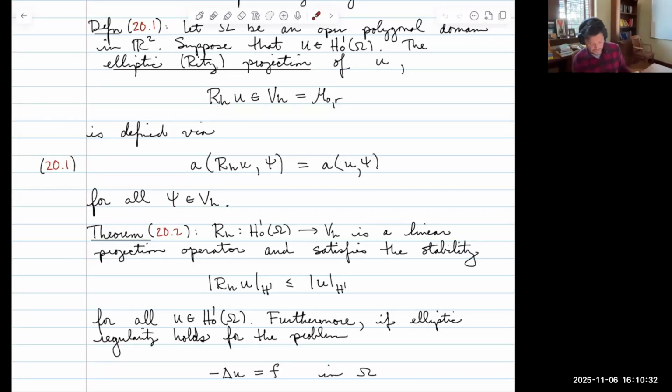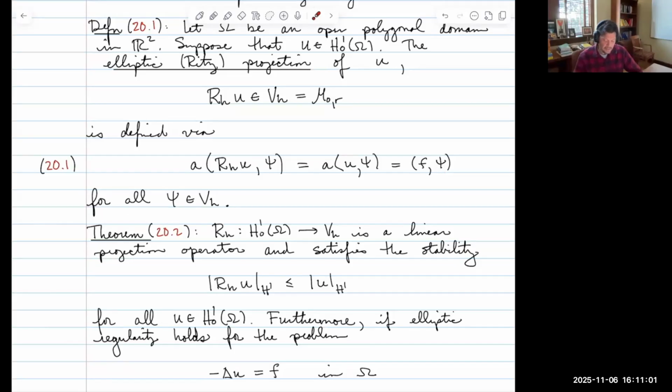Well, what is this actually? If I imagine that u solves some sort of standard elliptic problem, then u would satisfy this equation for any psi in H01 or the subspace.